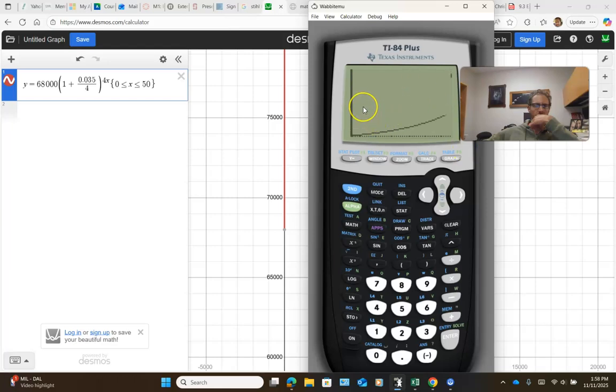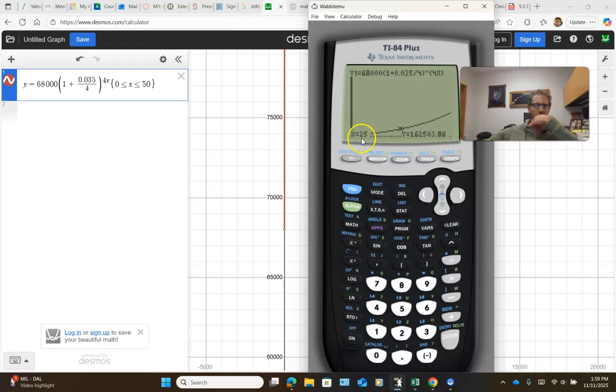So when I manipulate my window there, you can see this is an exponential curve here, right? This is over a period of 50 years, and so if you come over here to trace, it'll put your cursor on your function, and you can see the coordinates for where that cursor is.